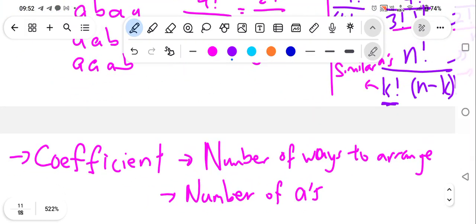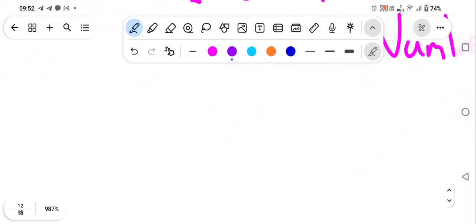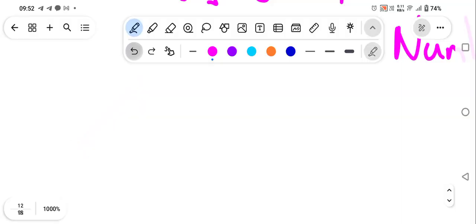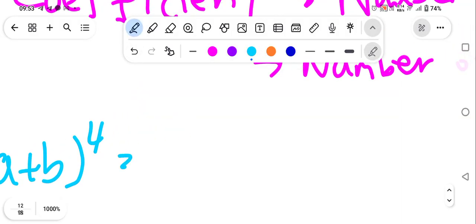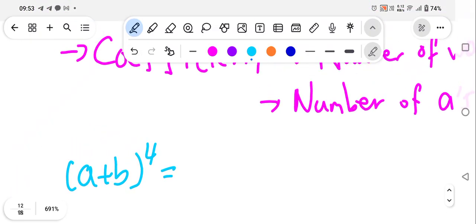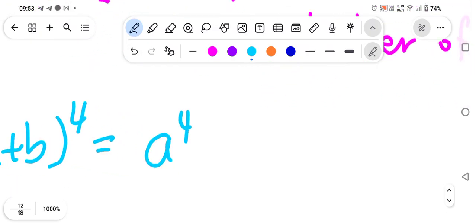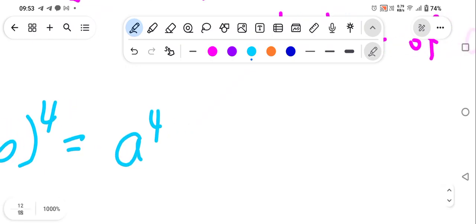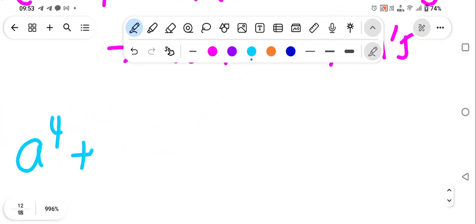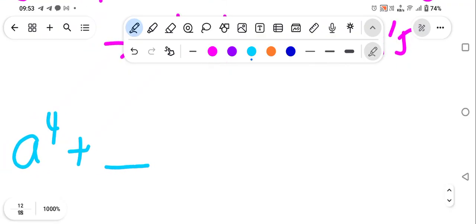So let's rewrite a plus b to the power 4, shall we? We know that we will have a to the power 4 and an unknown number, and we're gonna fill the blanks together.